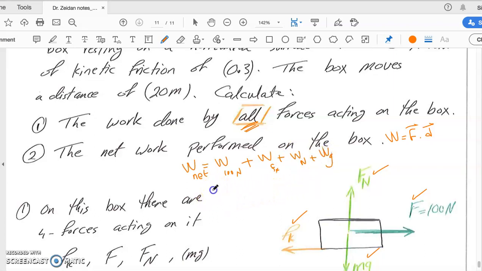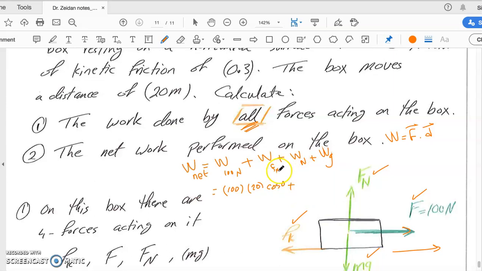All right, and what is this? It is F, which is 100, times D, which is 20, times cosine of the angle. What is the angle between them? Cosine is 0 because the angle is 0, as we did at the beginning of the chapter.